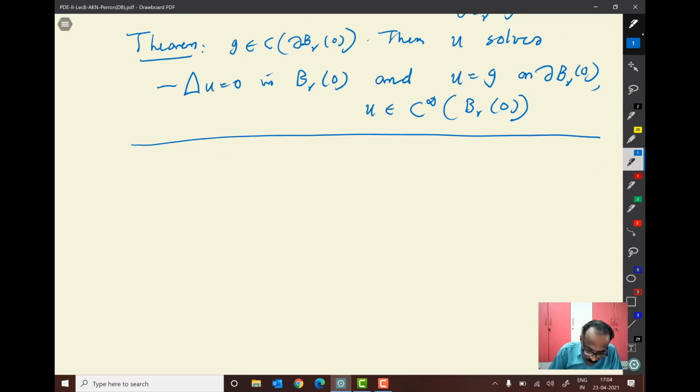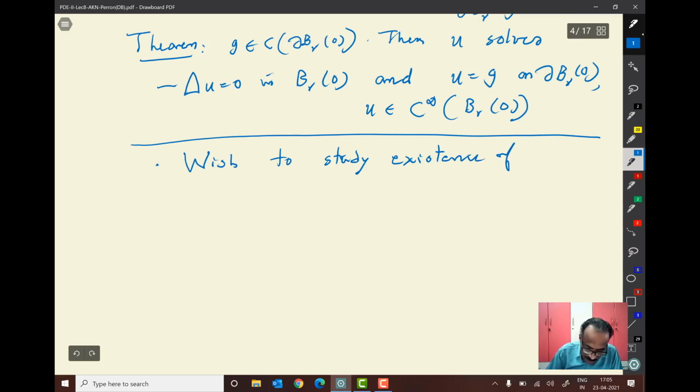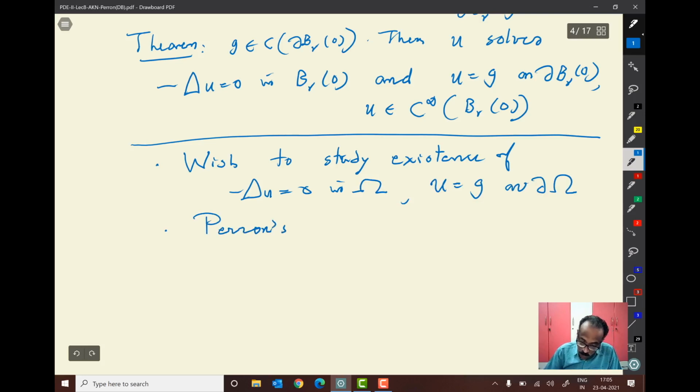So what we want to study now is not very easy. We wish to study existence of minus Laplacian of u equal to 0 in omega, and u equal to g on the boundary of omega. So what we introduce is Perron's method, and it's not true for all domains.